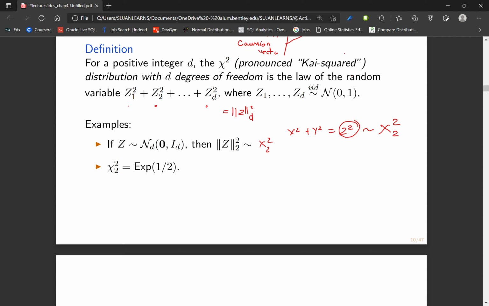The formula for the PDF of chi-square distribution is 1 over 2 to the power k by 2, gamma of k by 2, x to the power k by 2 minus 1, e to the power minus x by 2, where k is the degree of freedom.